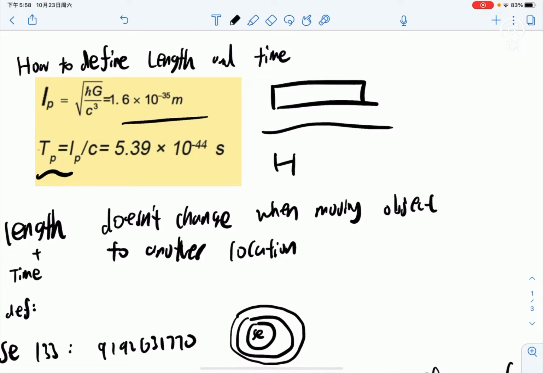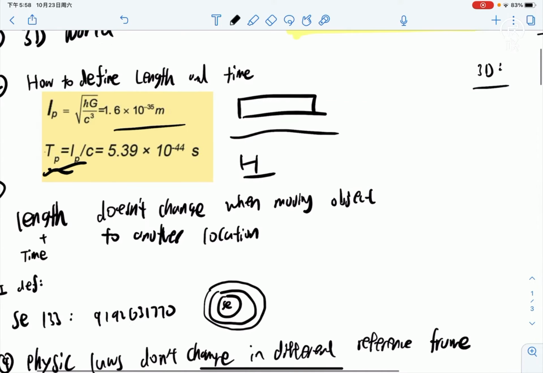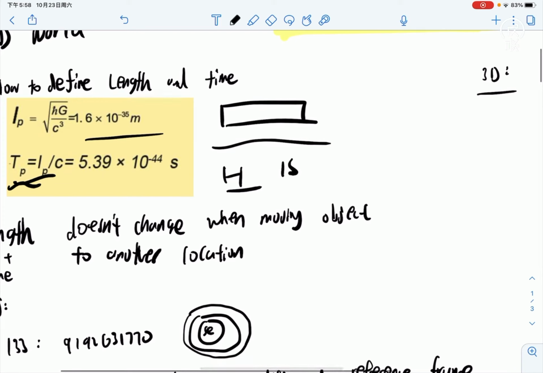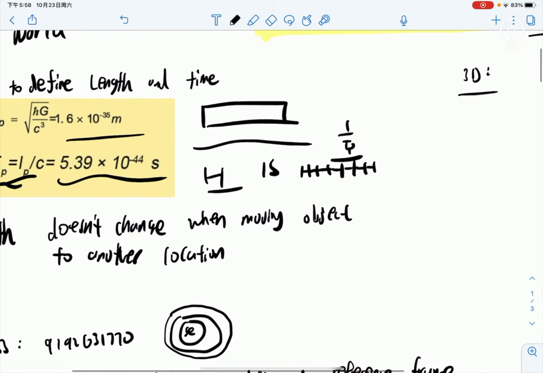Length is discrete. It has a smallest unit, it is not continuous and cannot be separated into smaller lengths, and the same goes for time. So 1 second can be put into smaller parts, it's just 1/tP, how many parts of this.